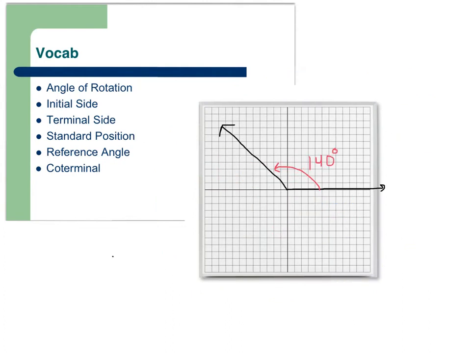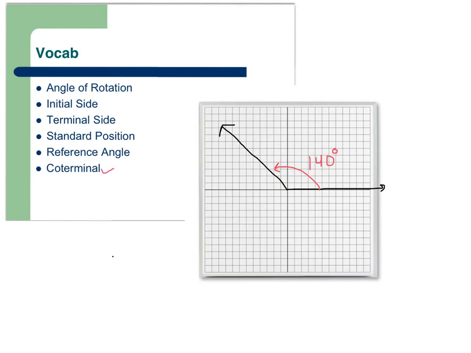Okay, so we have an angle here in standard position. I have my initial side, my terminal side or terminal ray. Here's my angle of rotation. I'm in standard position, and the vertex is at the origin. My angle is a positive 140 degrees because I'm rotating counterclockwise. Now, the first thing I'm going to talk about is a coterminal angle.